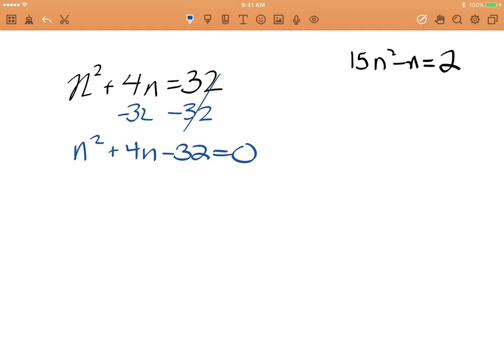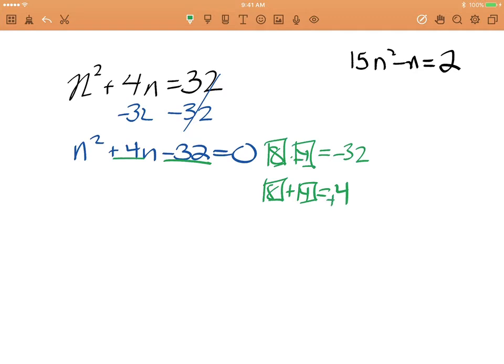You want to ask yourself, what two numbers multiply to negative 32 and also add to my middle number, 4? So what multiplies to this and what adds to that? 8 times 4. Something better be negative here, though. I need a negative 32 and I have a positive 4 here, so this needs to be negative 8.